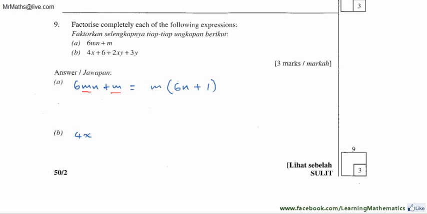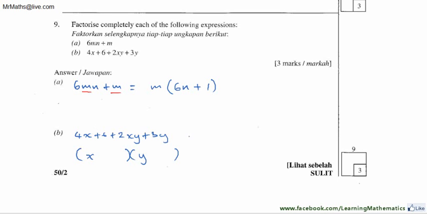4x plus 6 plus 2xy plus 3y. Okay, this is a little bit tricky. There is 4x and there is xy. It will become in the form of this. There's x and y, and there are some numbers.